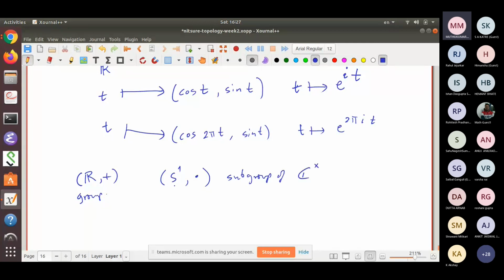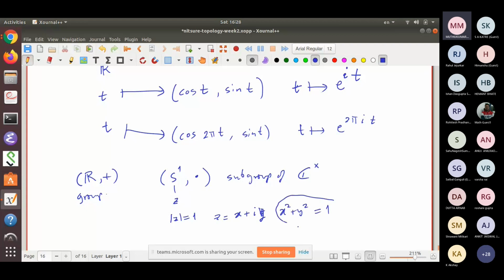So you write a point here, z with mod z equal to 1, which means z is equal to x plus i y, where x squared plus y squared equal to 1.